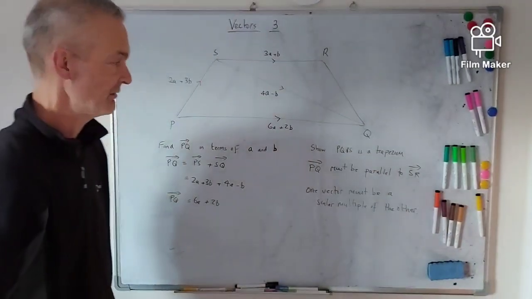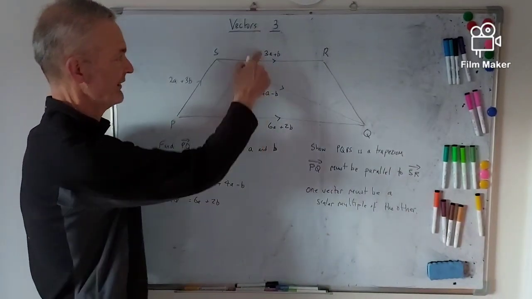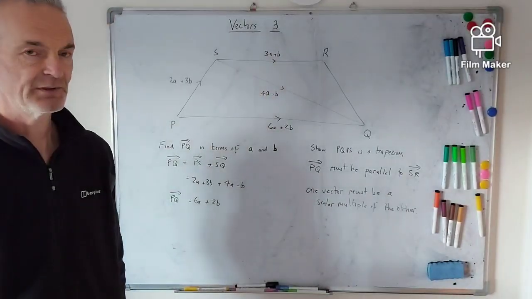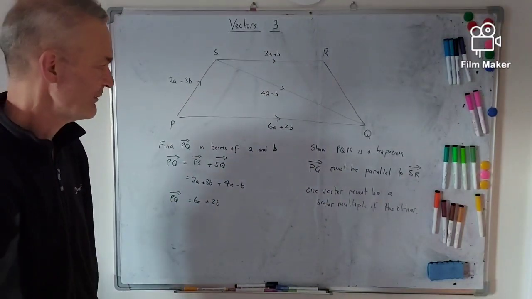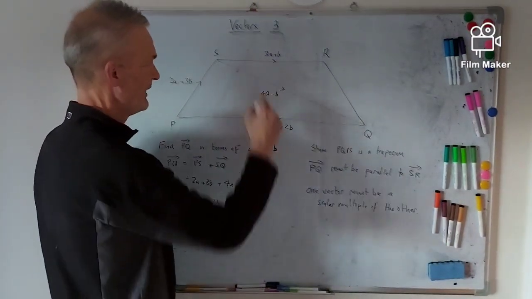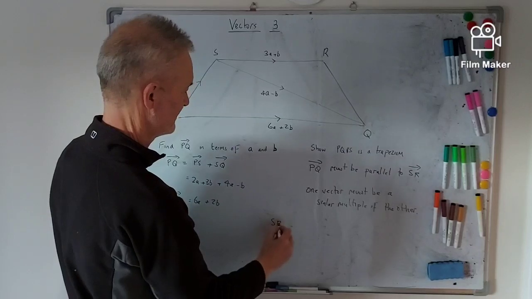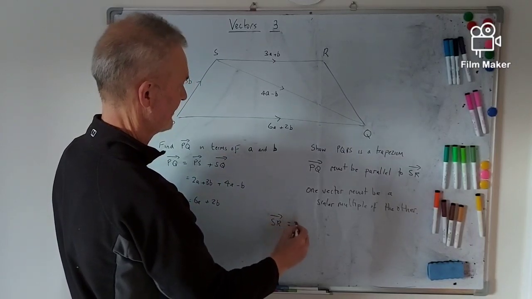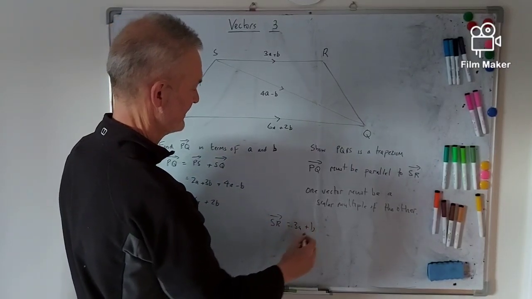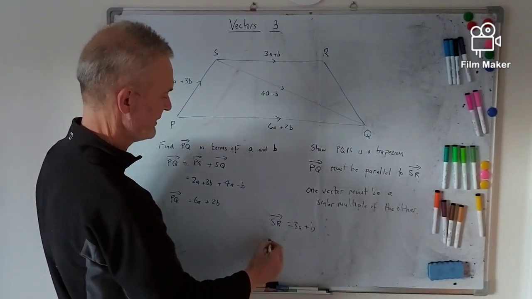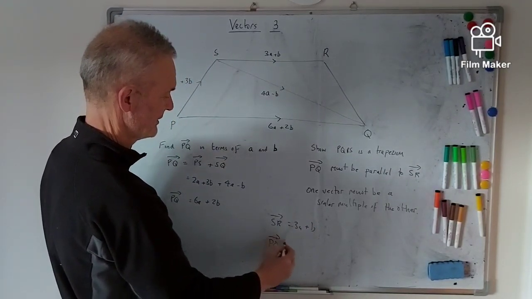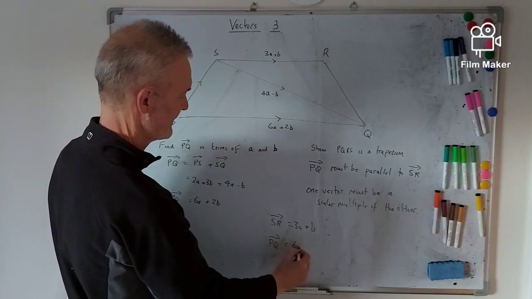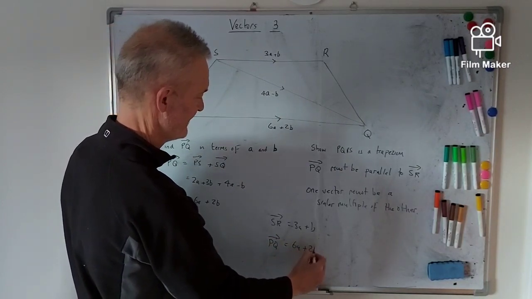Can we show in this case that this vector and this one are scalar multiples of each other? I think we can. We've got SR, which is 3a plus b, and we've got PQ, which is 6a plus 2b.